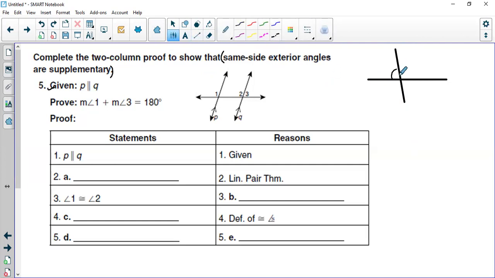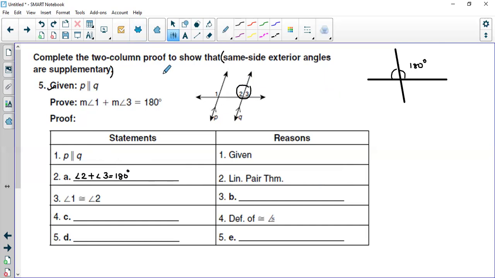They look like this. Where can we find similar angles in this figure? It's angle 2 and 3, right? So according to the linear pair theorem, we can say angle 2 plus angle 3 equals 180 degrees. The angles must add up to 180 degrees.